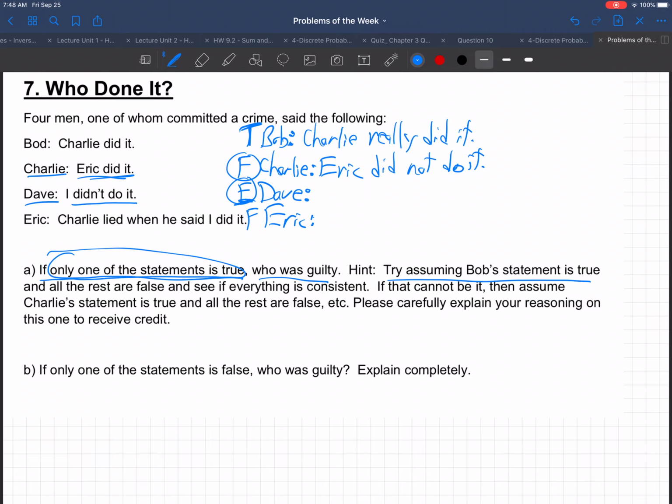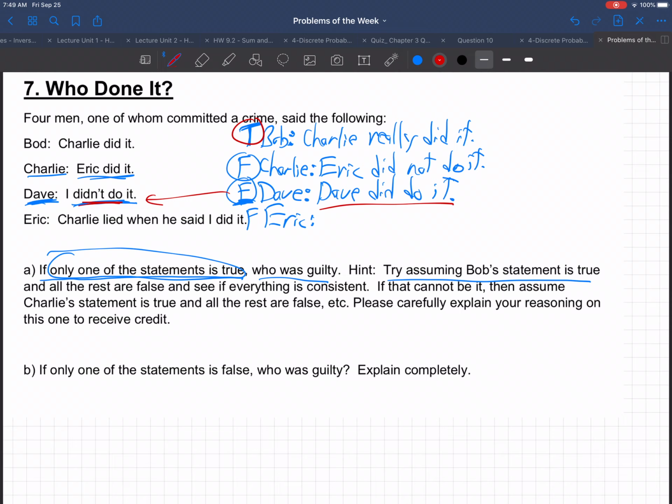So if he's telling a lie, and he says I didn't do it, that means Dave did do it. You tracking with me? Remember only one is true, and we said Bob is true, we're just guessing. Bob is true and the rest are false. Then when Dave says, I didn't do it, if he is false, then that means Dave did do it.